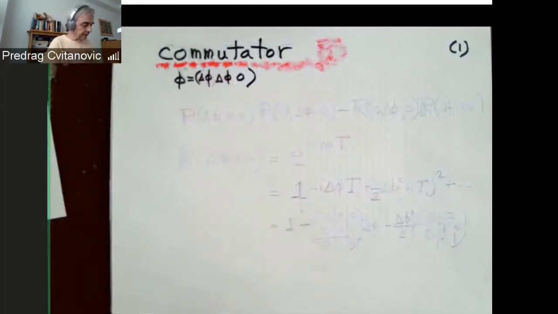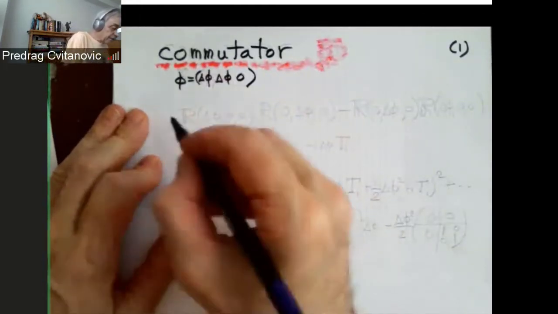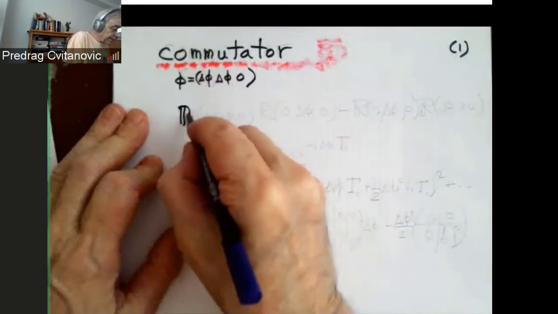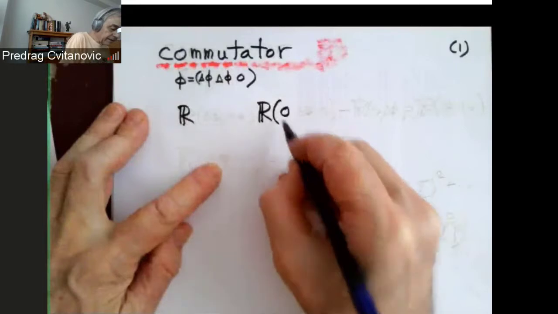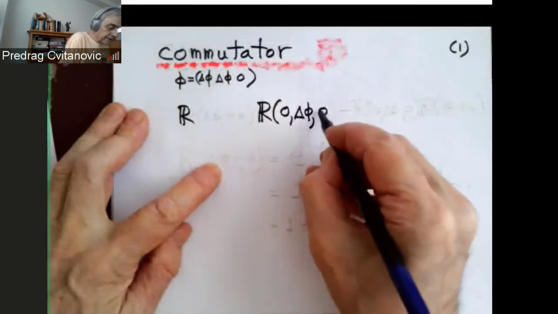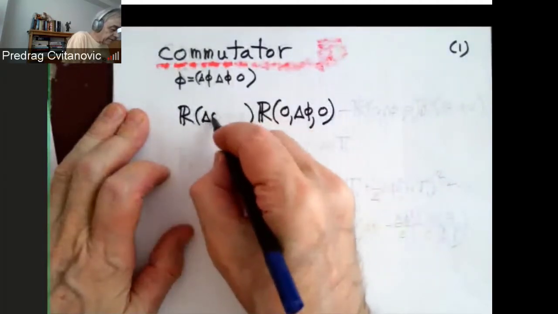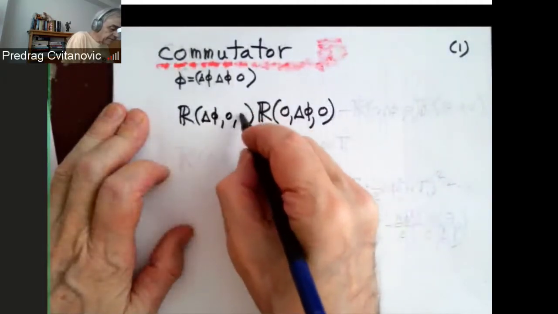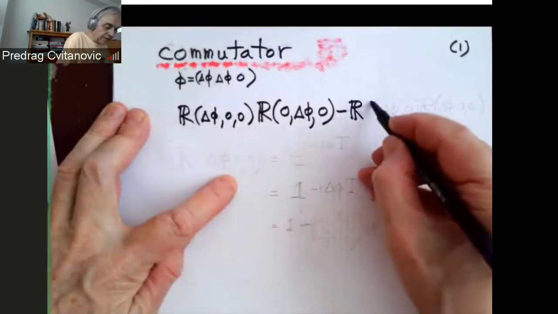I don't need to do it, but it's quicker this way and gives me the results. So what is the commutator going to be? I'll first rotate around the y-axis, then I'll rotate around the x-axis, and I'll subtract from it.